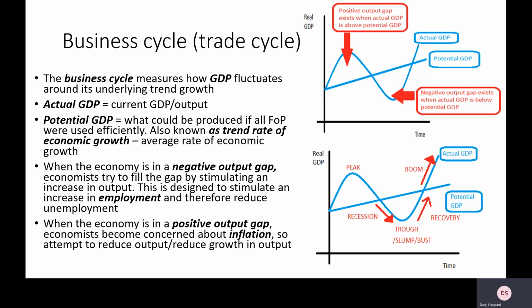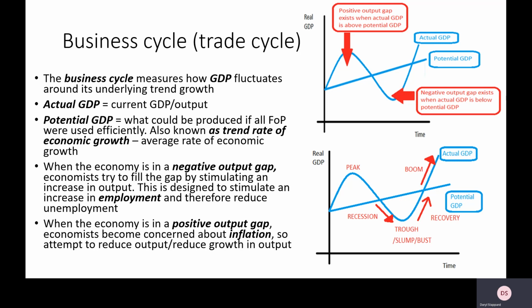So in the UK, this would generally be between, on average, 2 to 2.5% per year. Now, the logic would be that when the LRAS moves outwards, it allows for more actual economic growth. So what you genuinely find is that the economy will grow roughly in line with the growth in LRAS. So we call this the trend rate of economic growth.